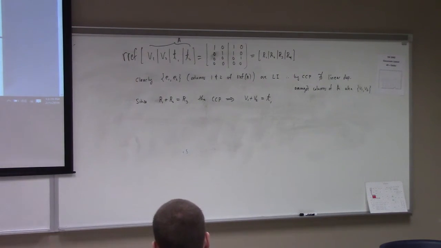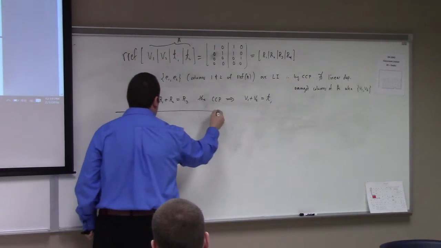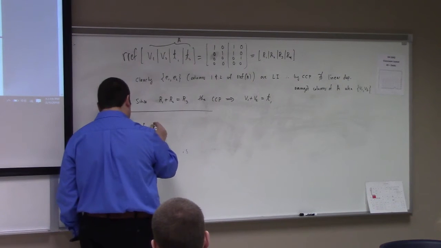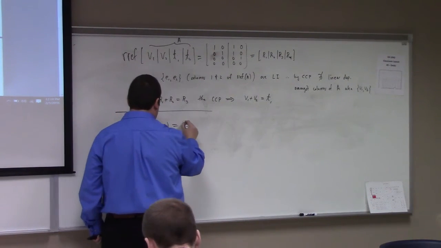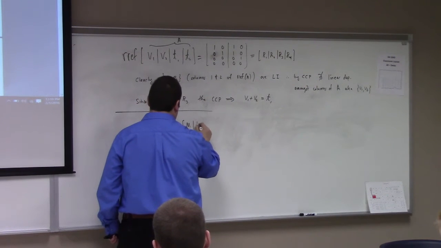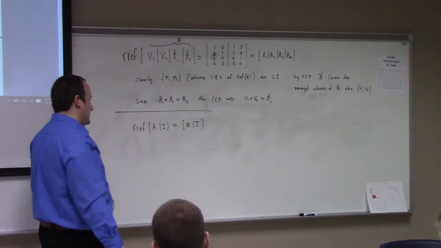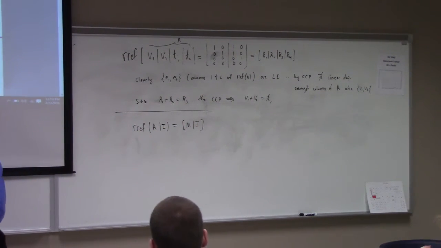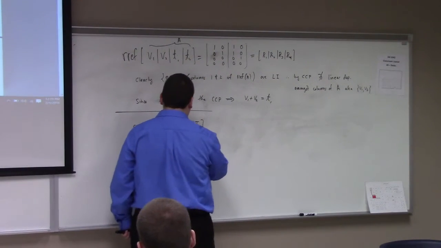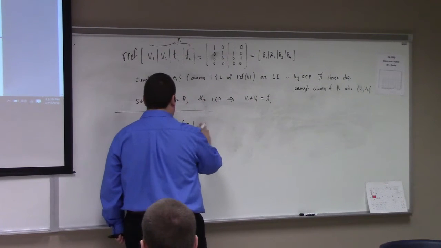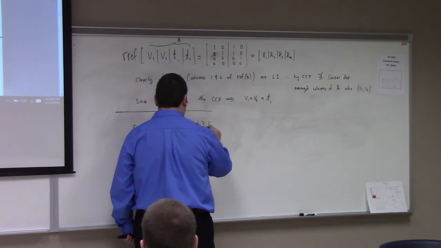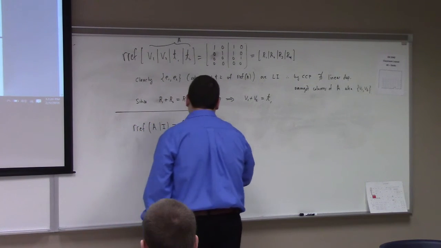Another example of this would be something like, suppose I know the reduced row echelon form of A concatenated with I is equal to I concatenated with M, where M is some specific matrix which is given. Oh, I'm sorry, other way around. And maybe M is actually a given matrix. It's 1, 2, 3, 4, 5, 6, 7, 8, 9, whatever.